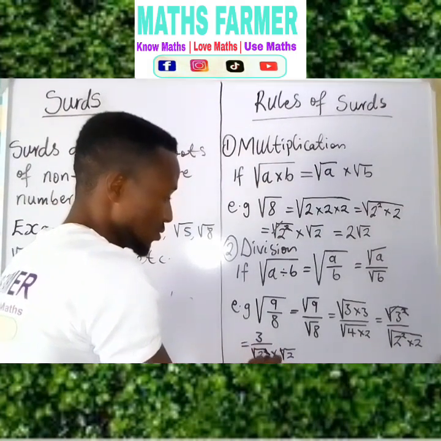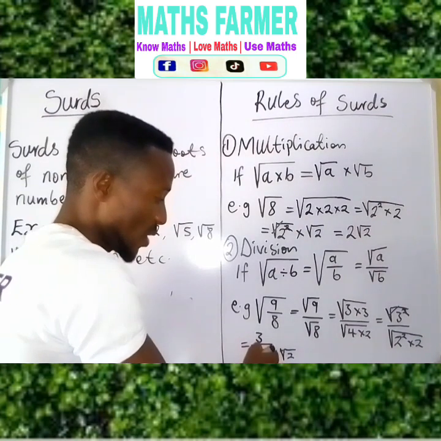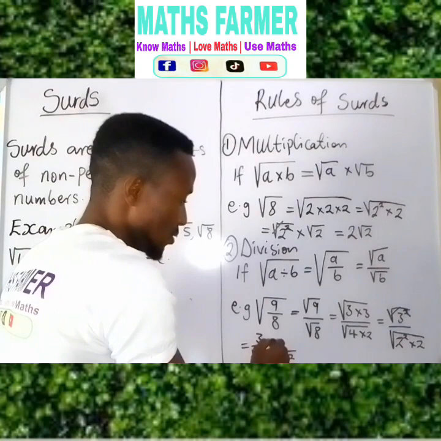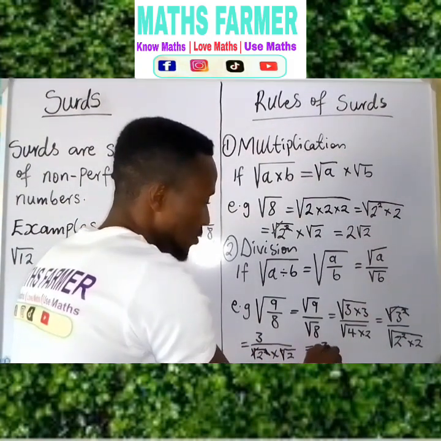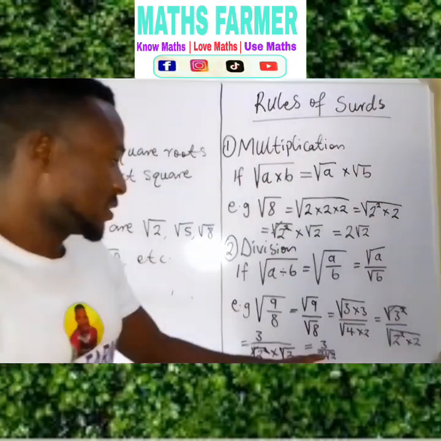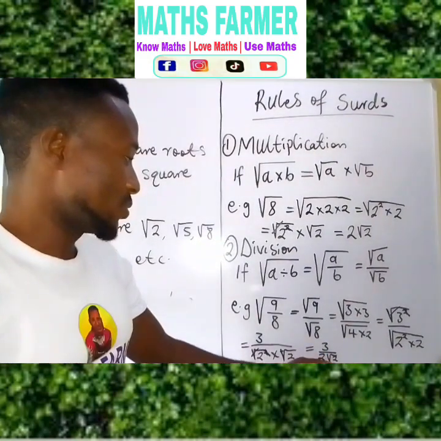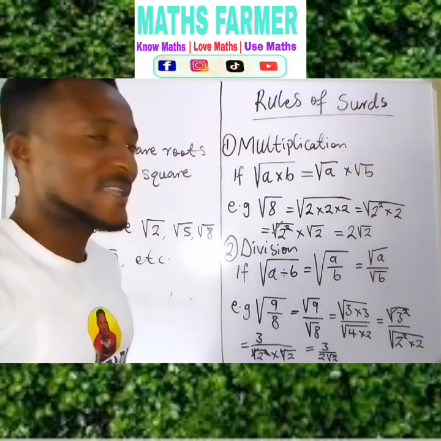The square will cancel the square root, leaving us with 3 divided by 2 root 2. So 3 over 2 root 2 is the simplest form of the square root of 9 divided by 8.